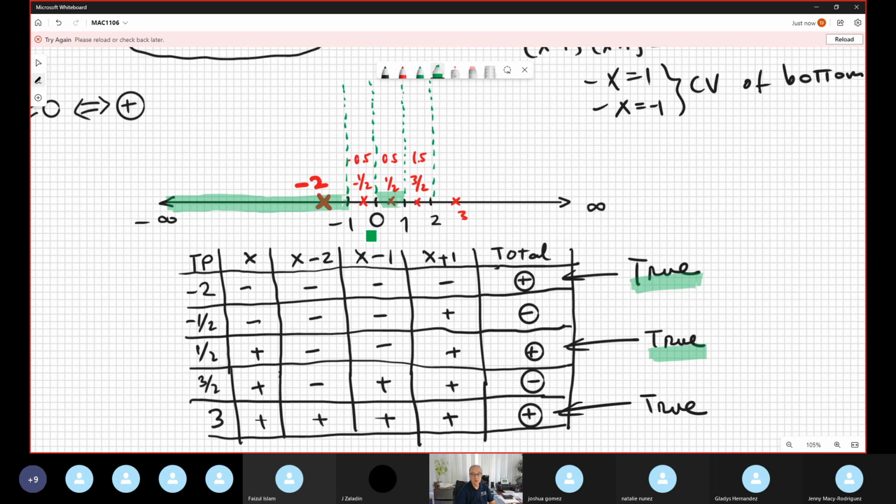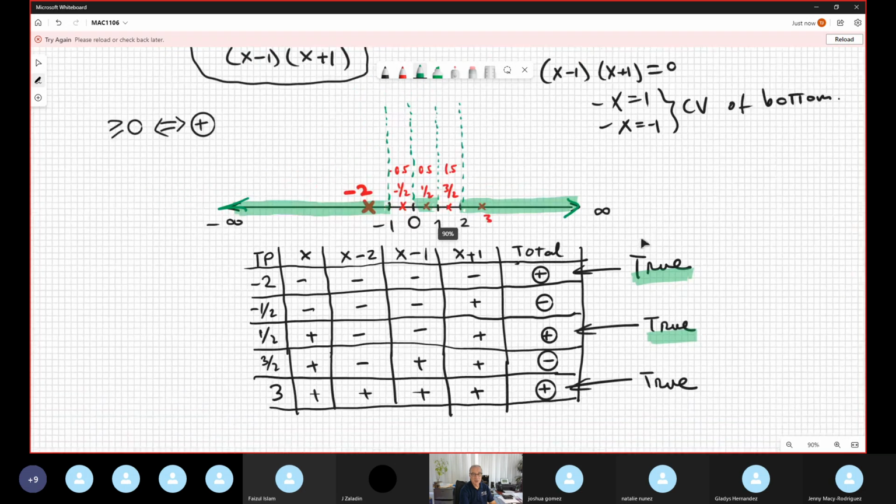Pass. And the other is 3, pass. Okay, of course, you extend from the critical value, in this case, to infinity in that direction. So now we almost finished, and there is a super important detail.